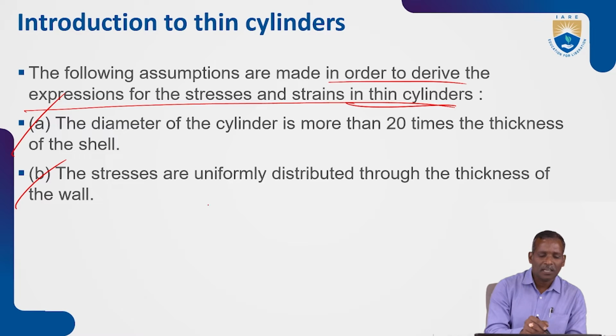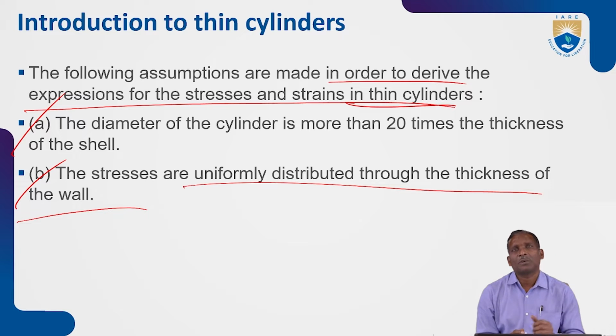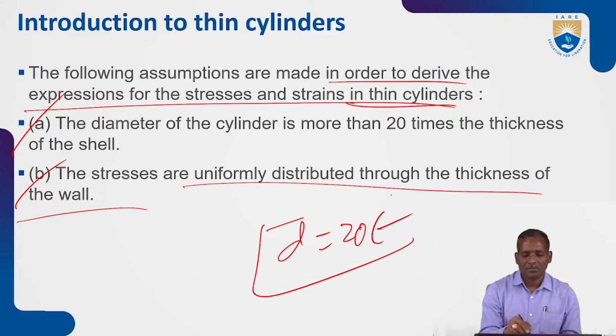Two, the stresses are uniformly distributed throughout the thickness of the wall. First condition: the diameter D of the cylinder is more than 20 times the thickness of the cylinder.